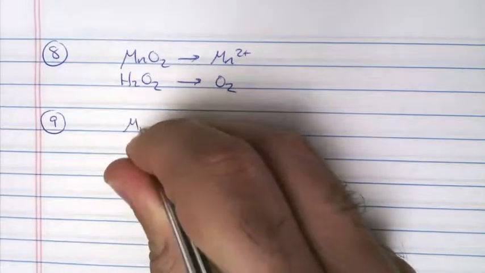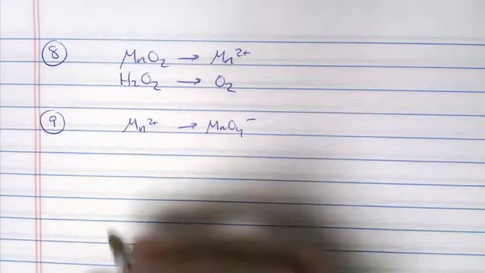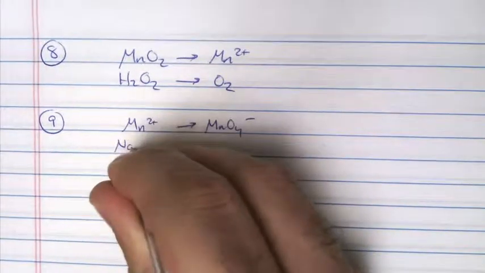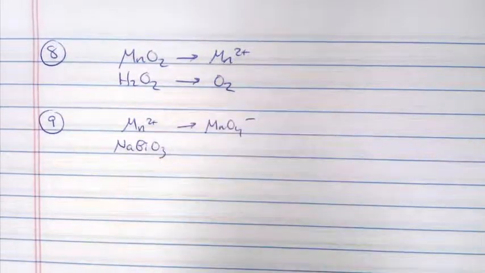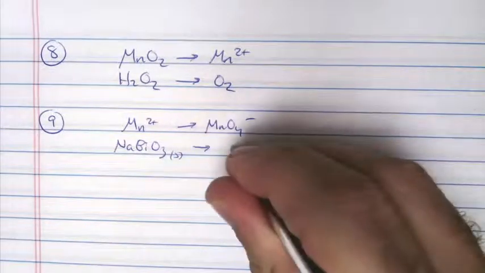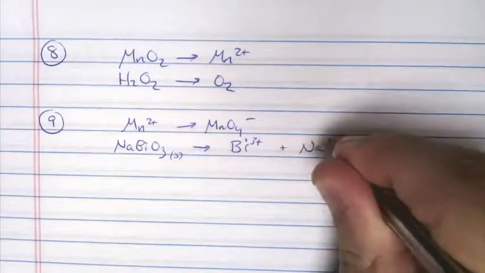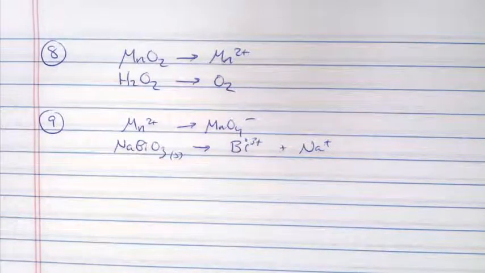Step 9 involves Mn2+ becoming MnO4-, and in this case, you're going to be adding, to do that, sodium bismuthate, which is a solid in this case, and you're going to be turning that bismuth to Bi3+, and of course breaking off some sodiums. Again, balance the half cells, and you'll be good to go.